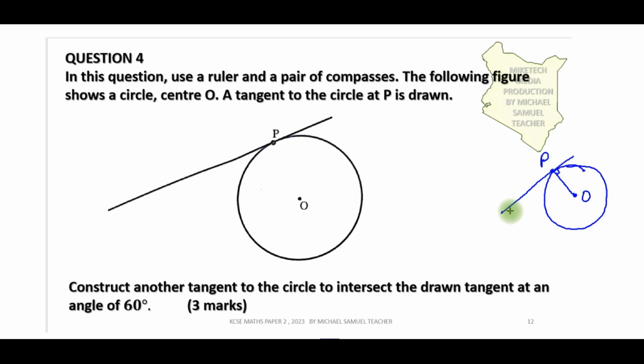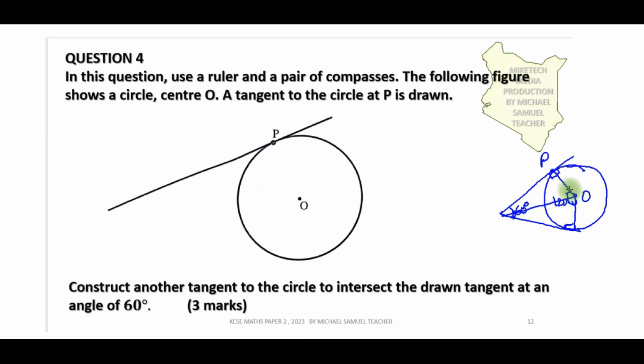Whatever is required, we draw another tangent to the circle such that this angle will be 60. If this angle is 60, and this is 90, then 90 plus 90 is 180, and whatever remains at this point will be twice this angle, that will be 120.